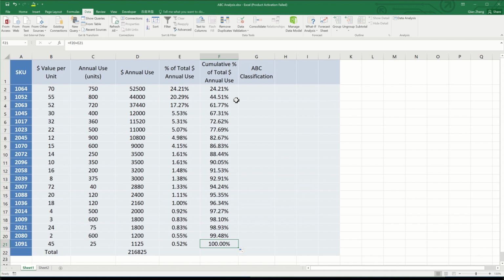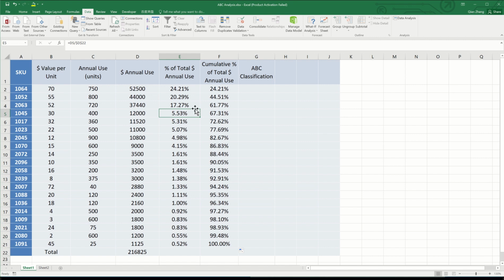If we consider the way the textbook uses to classify the SKUs, you can take a look at the third SKU and the fourth SKU. The SKU 2063 takes up 17.277% of the total values, while the fourth one, the 1045, only takes up 5.53% of the total values.